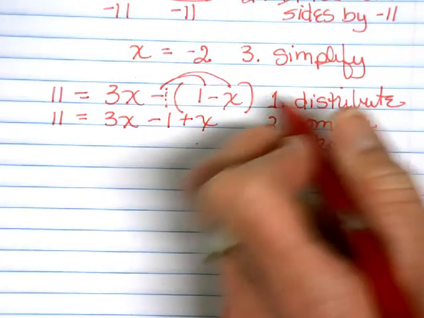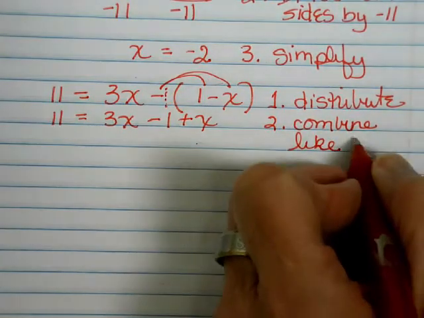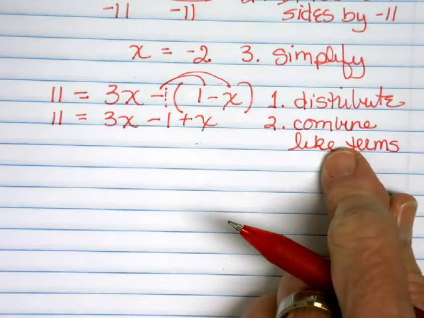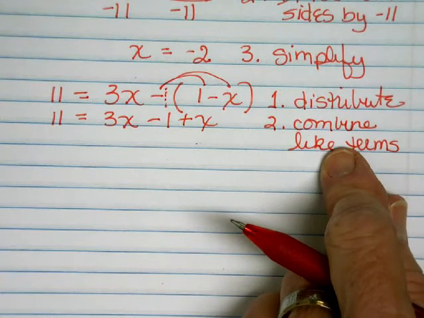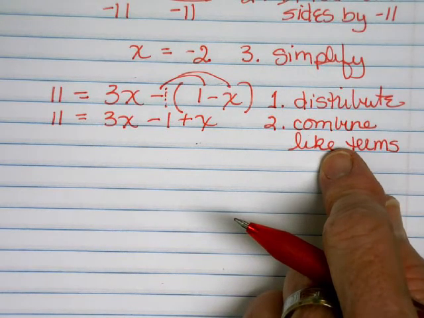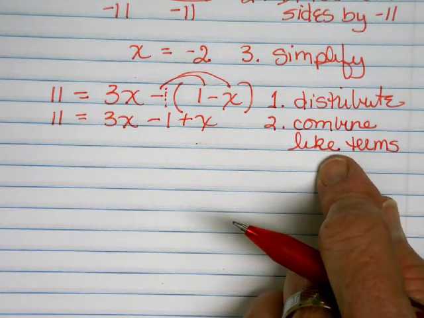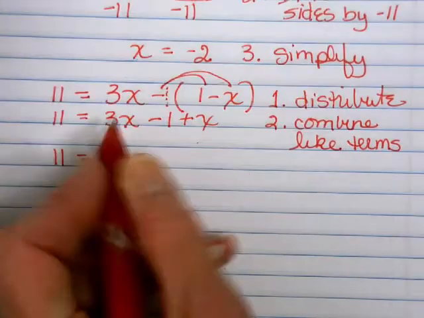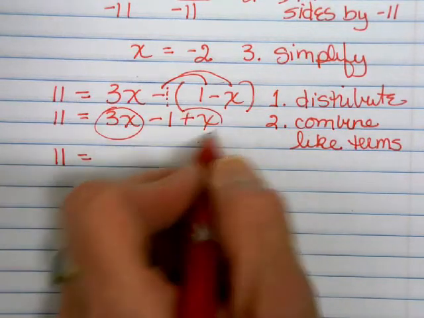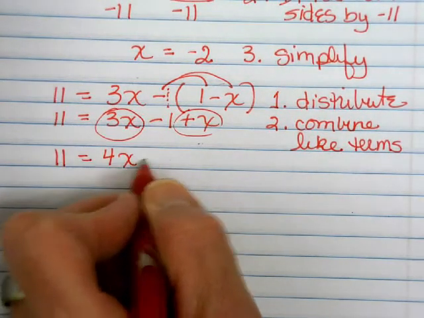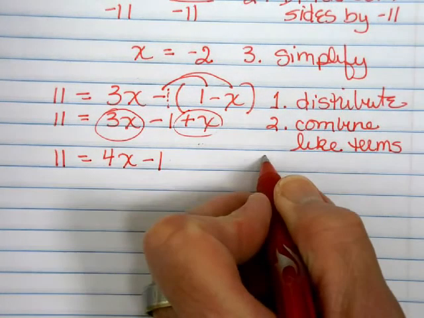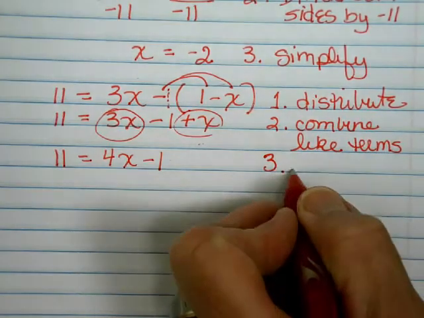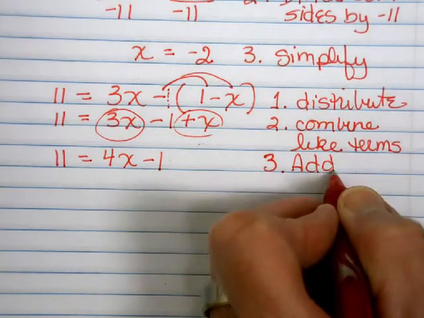Always combine like terms before you start moving things from the left side and the right side of the equation. That's what's a little different from last lesson about equations: you didn't have to combine like terms before you solved it. These two are alike, 3x plus 1x. Correct. So I combine like terms. Step number 3, add the 1. Always divide last.